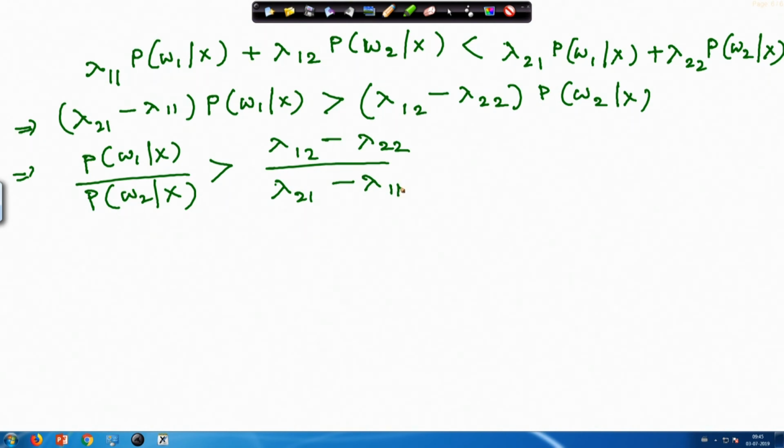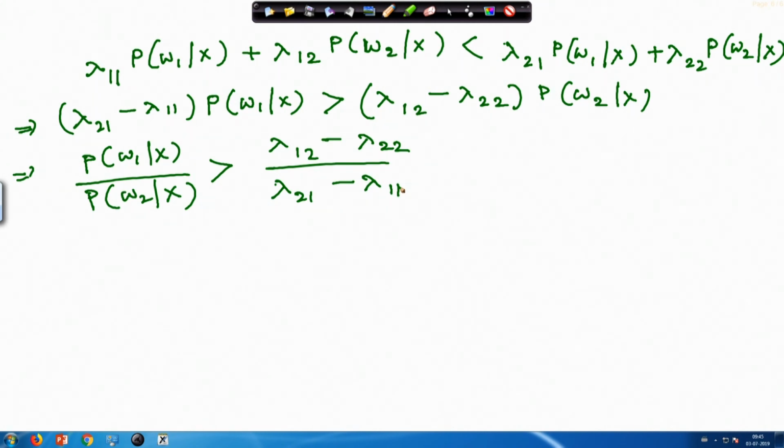And you remember that lambda 1 2 is the loss function for taking an action alpha 1 when the actual true state of nature is omega 2, and lambda 2 2 is the loss function involved when you are taking action alpha 2, when the true class of nature is omega 2.